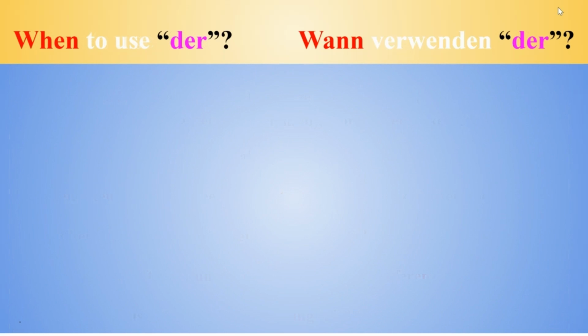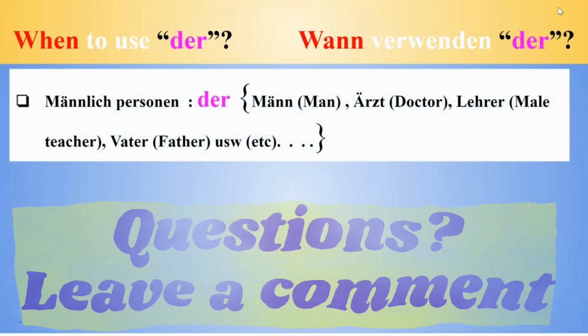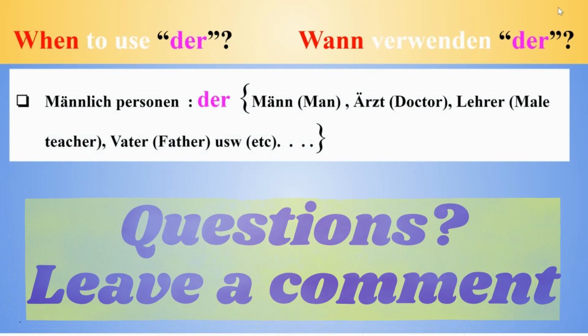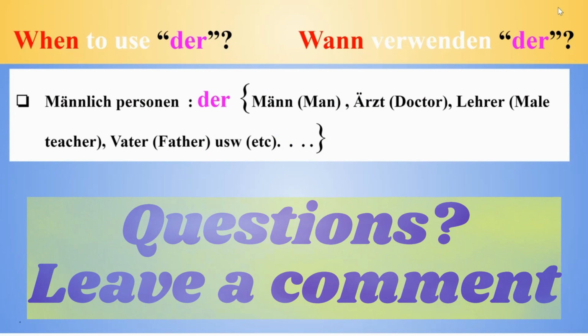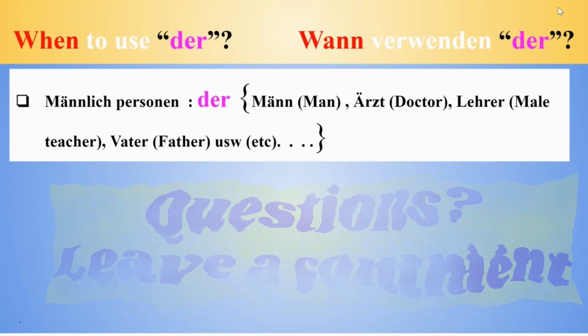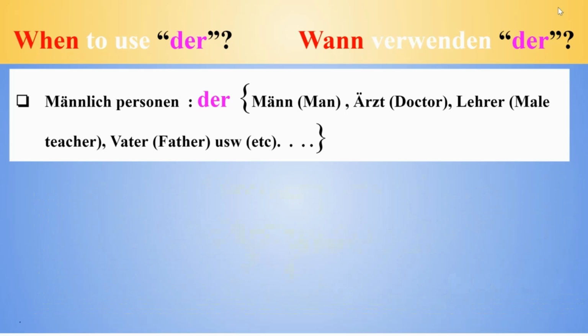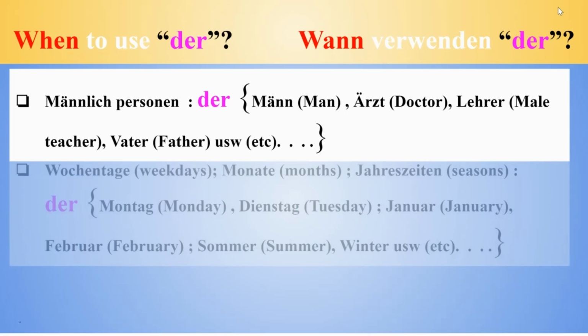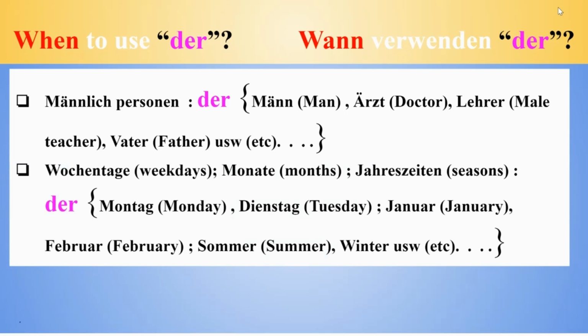When to use der? Simply, we will use it for männliche Personen, that is for male persons. Der Mann, der Arzt, der Lehrer, der Vater und so weiter. Wochentage und Monate und Jahreszeiten.